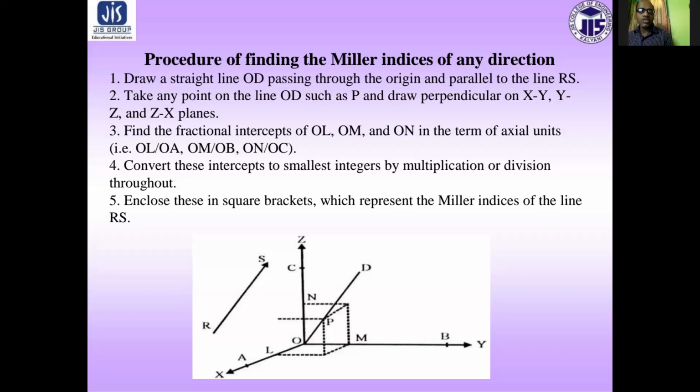If the coordinates of the point on the line are taken as U, V and W, then the notation given in square brackets, that is [UVW], will have the same coordinates. So whenever we have the values of U, V and W, they are always converted to a set of smallest integers by multiplication or division throughout.